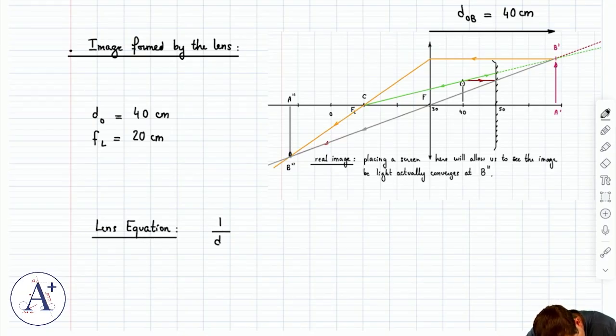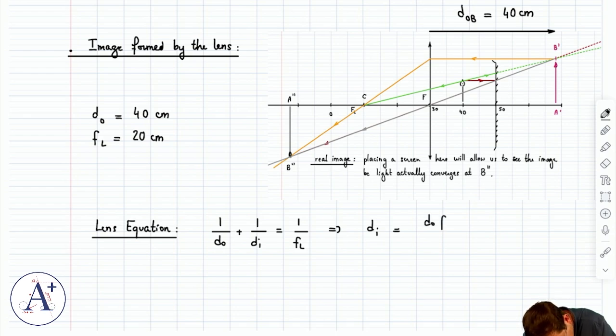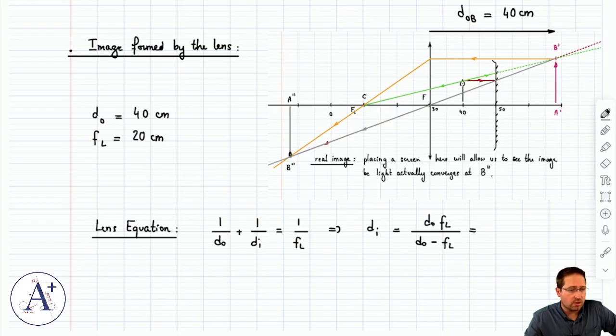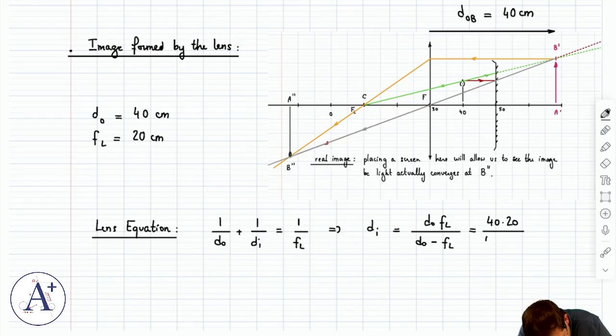So I'm going to have 1 over d object plus 1 over d image is equal to 1 over FL. If I do the same solving as before, I'm going to find that d image is d object FL divided by d object minus FL. That's the same math. I can go a little faster now because I've done the full derivation above. So this is 40 times 20 divided by 40 minus 20.